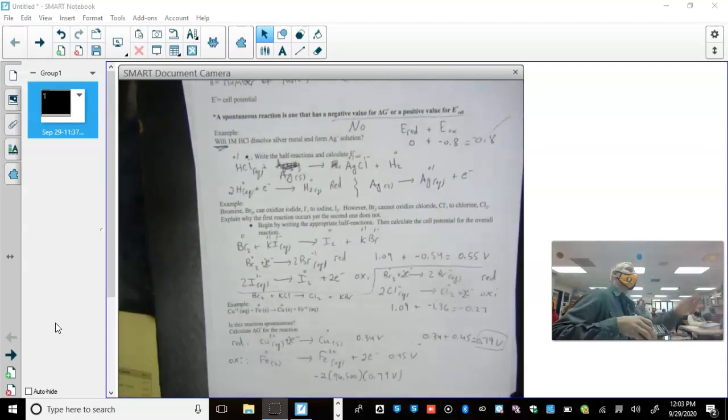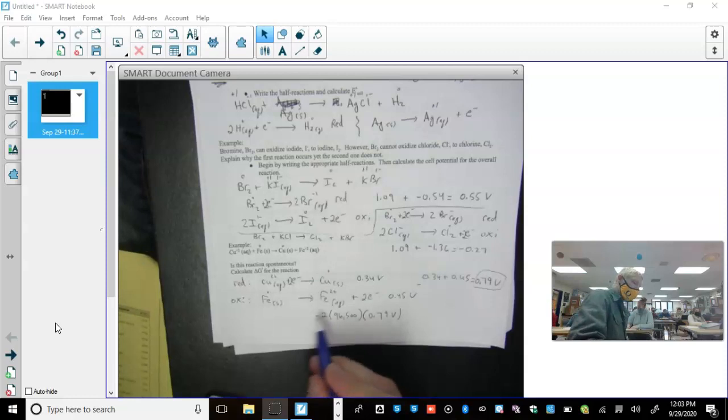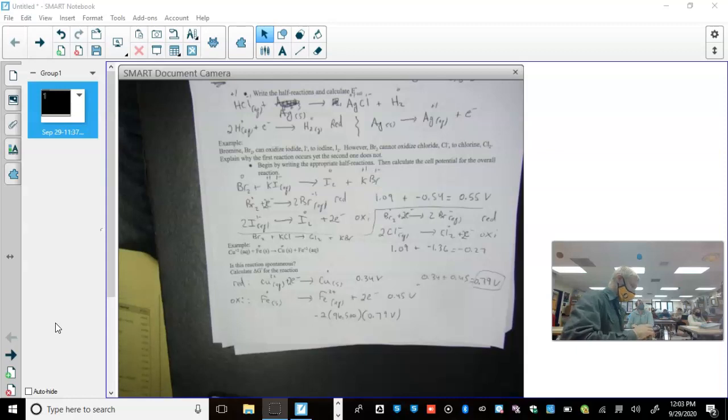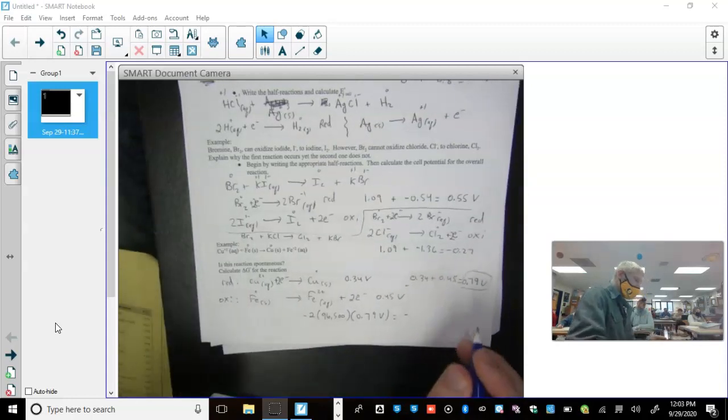Oh, sorry, you didn't see that. There it is. So negative 2 is our moles of electrons. There's 2 of them. 96,500 is Faraday's constant. 0.79 is E cell. And I'm getting negative 2 in front.